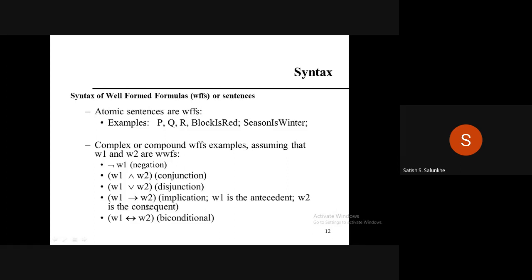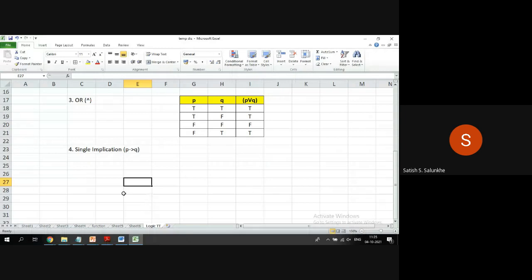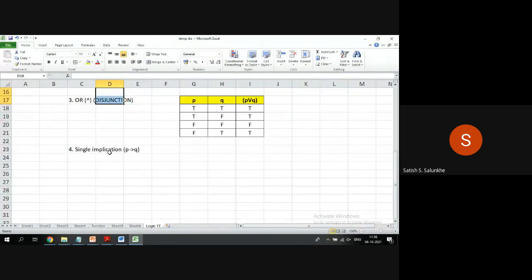So let me just write this here in Excel. This is also called conjunction. This is also called disjunction. This is implication.